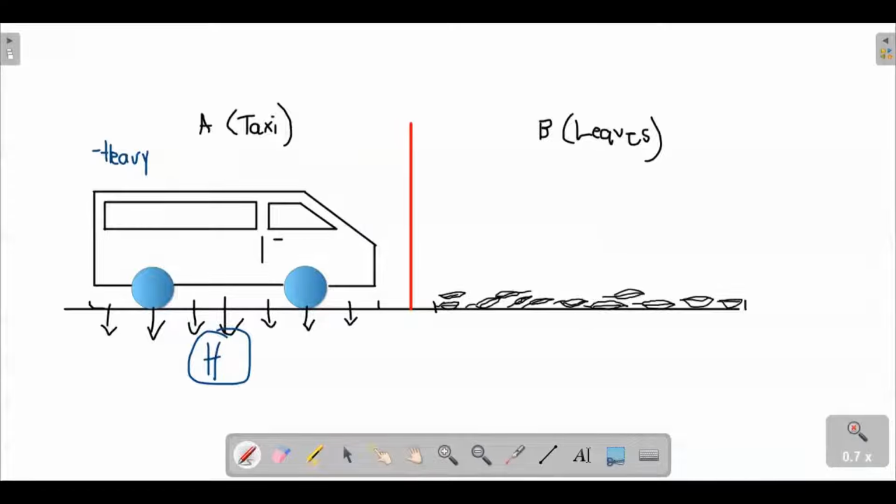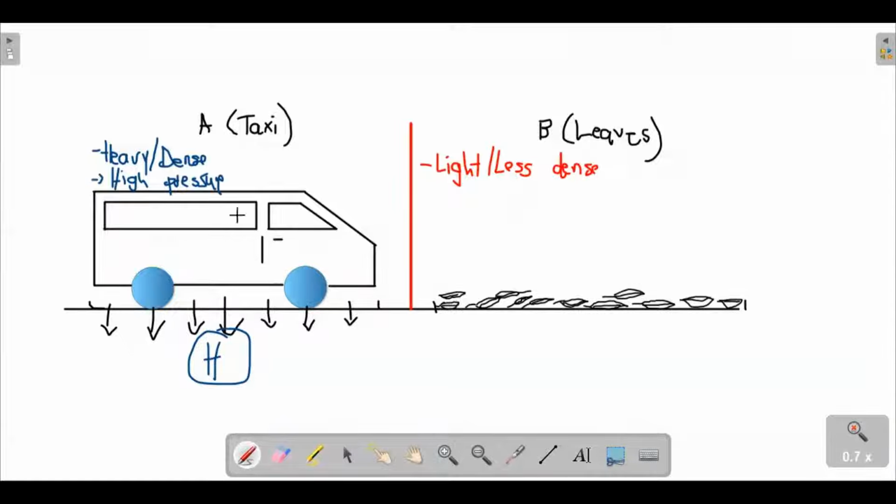And so because B is light or is less dense, so we can use light or less dense for the leaves, and we can use heavy or dense or very dense. Because this is heavy, it applies a lot of pressure on the ground, right?